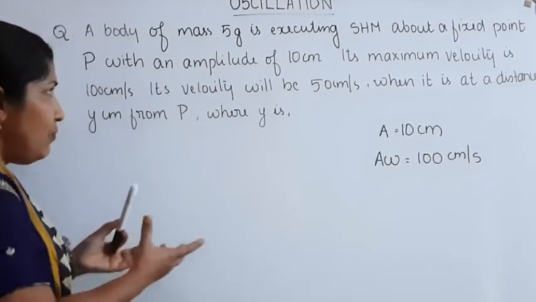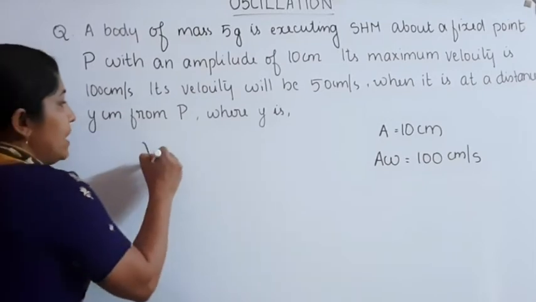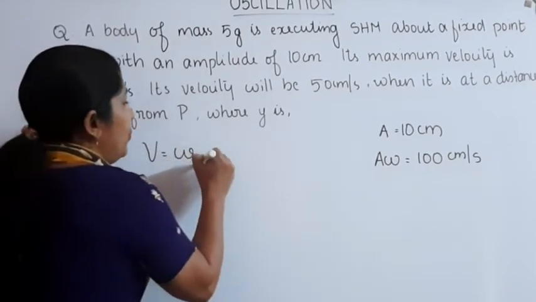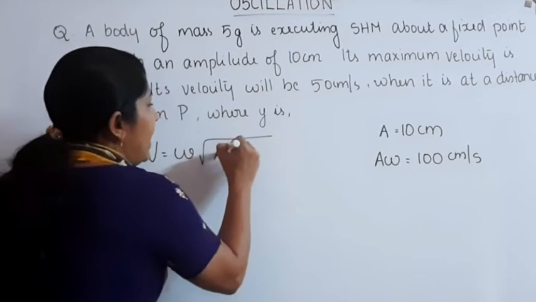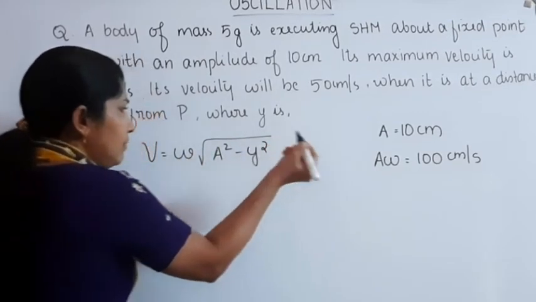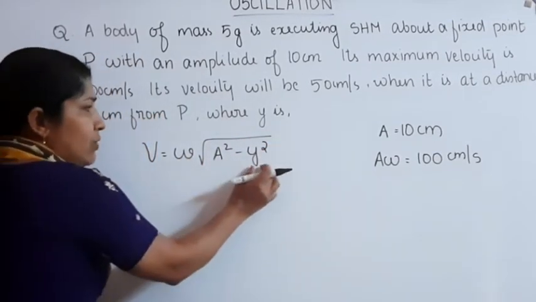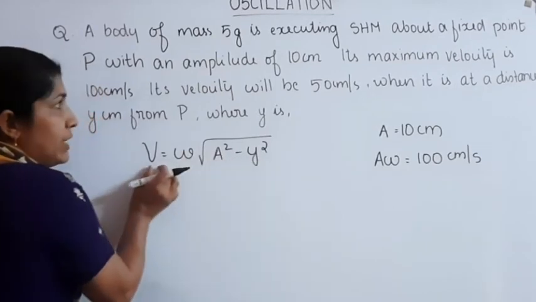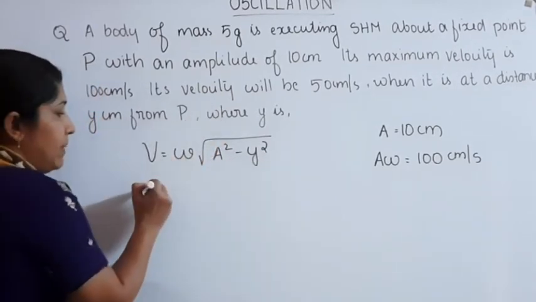For this we can use the equation for the velocity: v is equal to omega into root of a square minus y square. At a particular distance y from the mean position, velocity becomes equal to 50 centimeter per second.